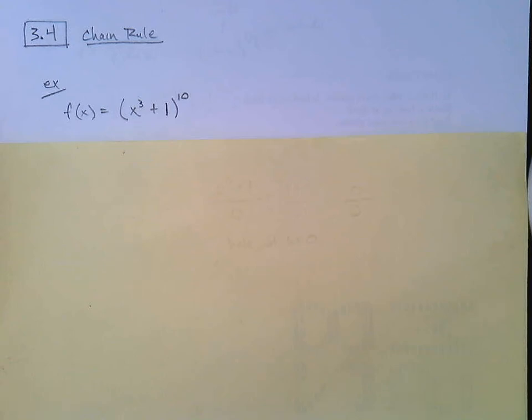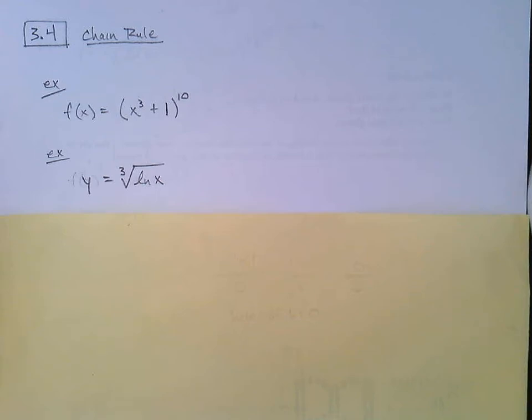So you see that first one, f of x equals the quantity x to the third plus 1 raised to the 10th. It turns out we can very quickly take the derivative of that function with the chain rule. We'll also look at y equals the cube root of the natural log of x, kind of an intimidating function there.